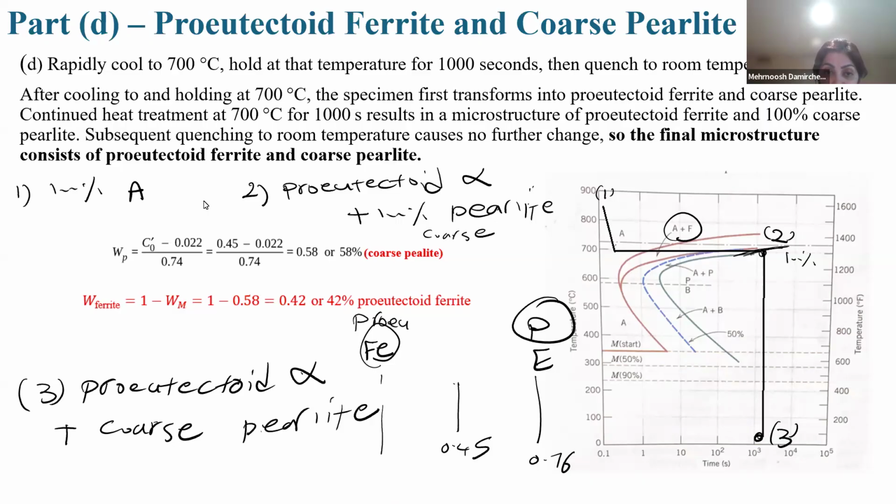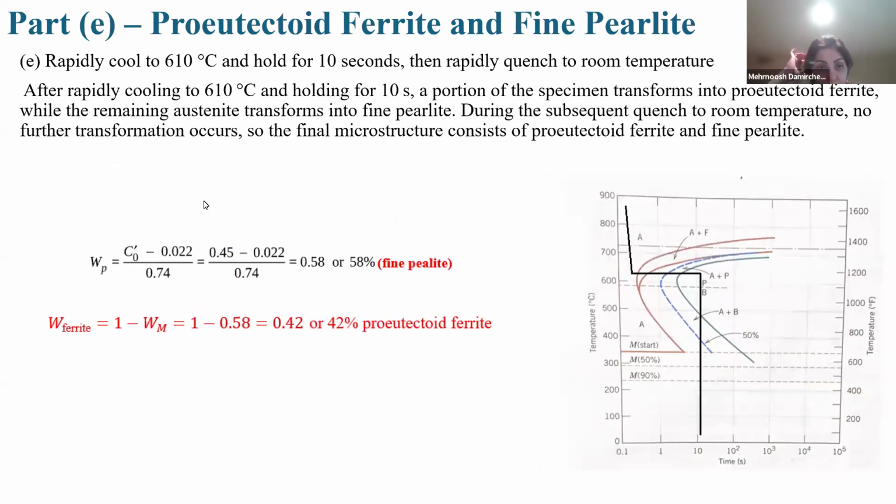Proeutectoid, and it is a lever rule. Okay, we say which side is far from that. For perlite, which side is far from that? This side, 0.45 minus 0.022 per total length, that is 0.76 minus 0.022, 58%. We have the coarse perlite, and 1 minus that, because the summation is 100, we have the proeutectoid ferrite.